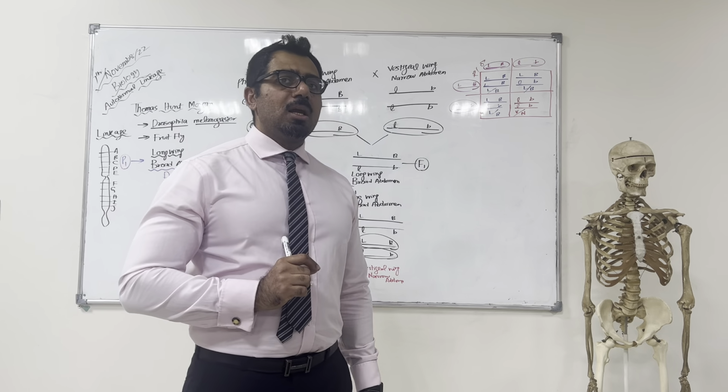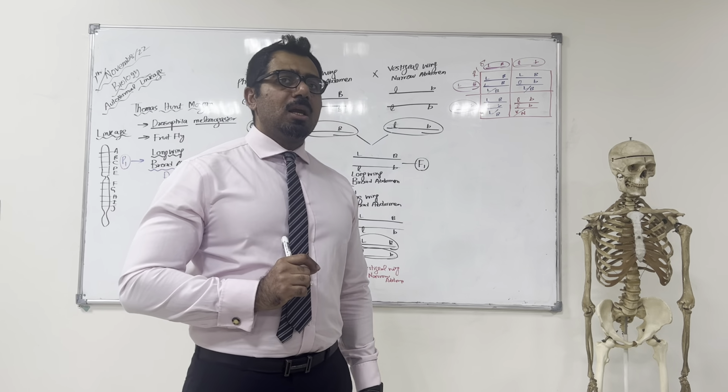Now, we can perform another experiment. We can perform the test cross on this one as well. Now, let's suppose, you see, we got three of these, right? Now remember that when we performed the test cross and it was a heterozygous condition, what was the rule that we made? Who remembers?